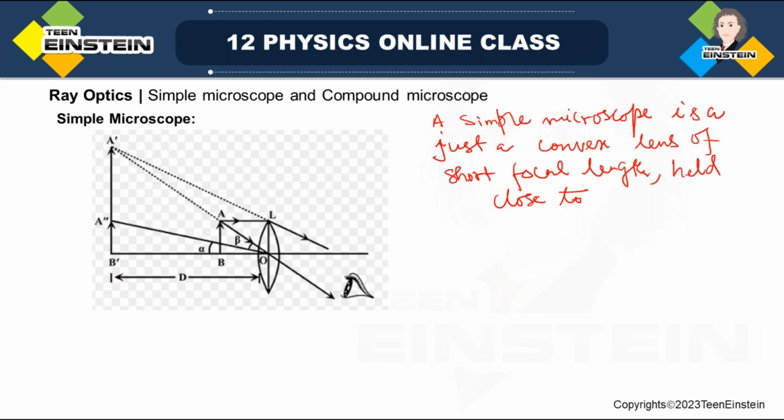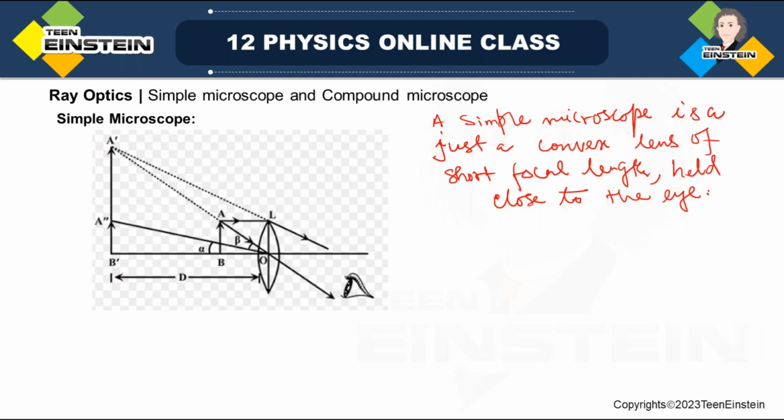So a magnifying glass, or simple microscope, is always held very close to the eye.